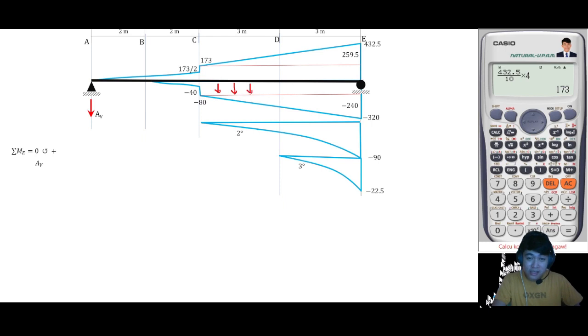Take note, class, that the negative moment diagram by parts will be a downward force. So these are downward forces, and this is also downward. However, this triangle is upward.